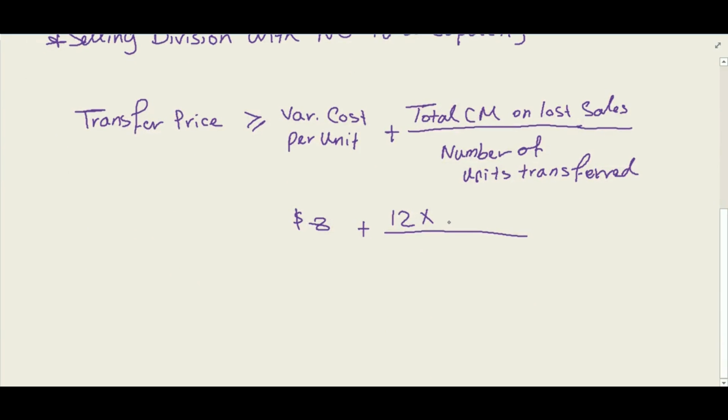So $12 per unit multiplied by 2,000 units to be forgone, divided by the 2,000 units that would be transferred. If you do the math, that will give you $20. So the transfer price should be $20 or greater.